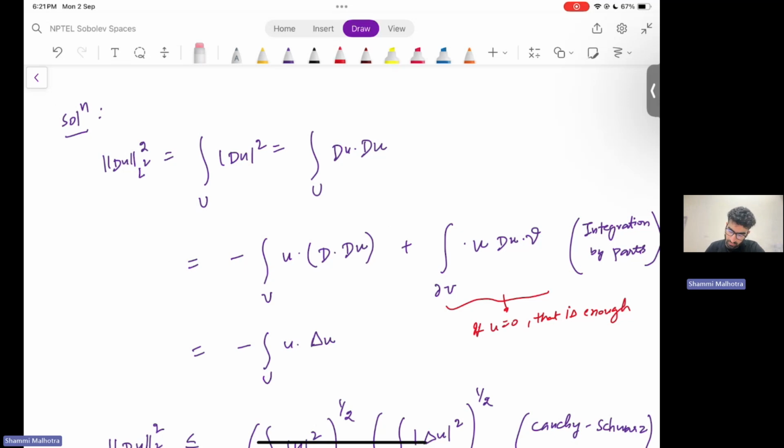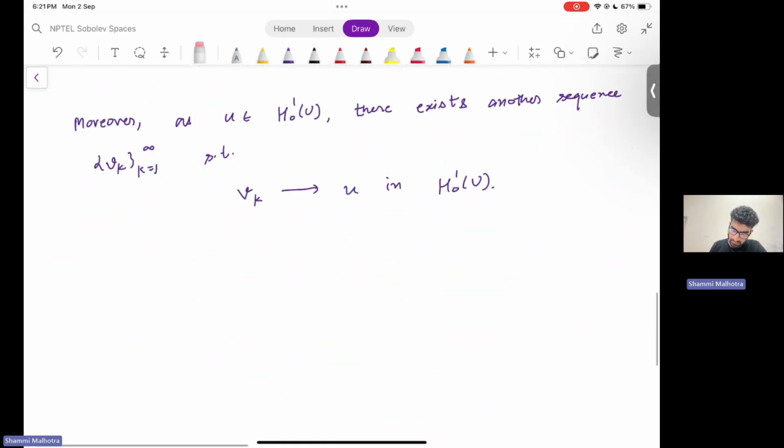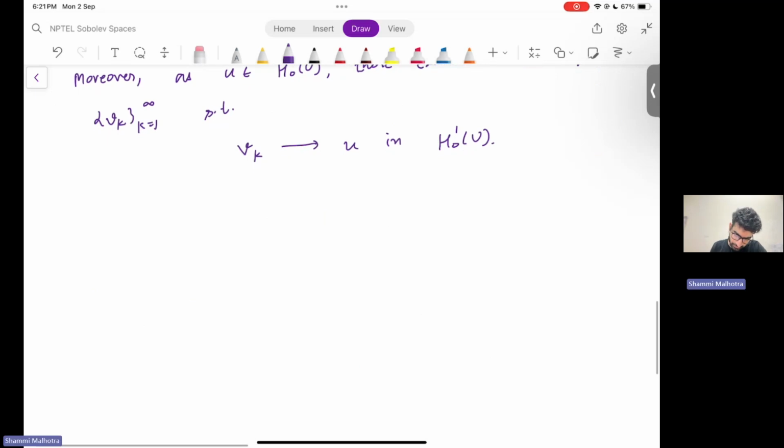So using this crucial fact, let's start with the integral of Dw_k dot Dv_k over U. Since I know that v_k vanishes on the boundary, that much I already require.